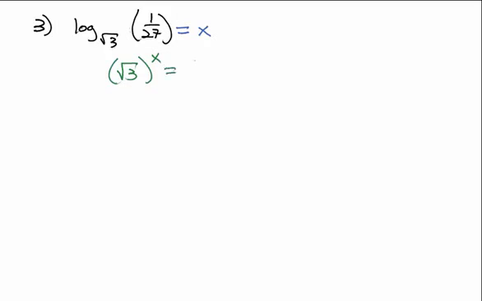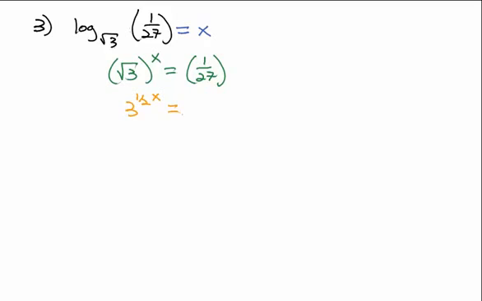We can even do this with some ugly looking things, but the process should still be the same. If we have log base the square root of 3 of 1 over 27, we want to know what that equals. So for now, we'll make it equal to x. Rewrite it as an exponent. We have the square root of 3 to the x equals 1 over 27. And we can get both of these to have the same base because square root is really just a 1/2 power.